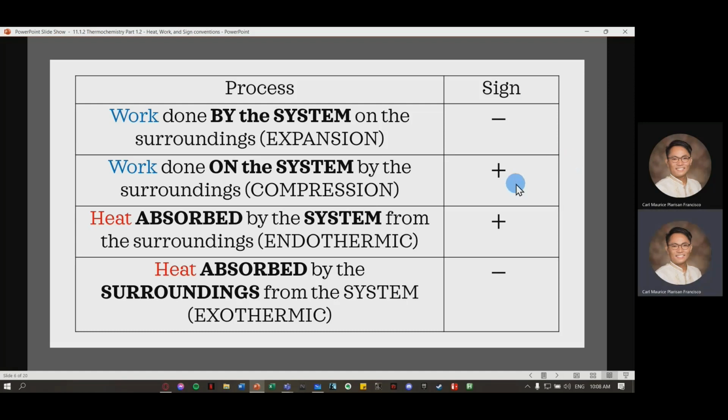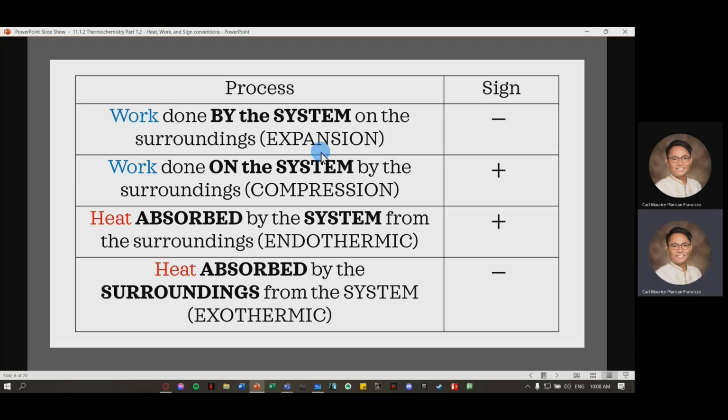Now, let us look at the following signs when work is done by the system on the surrounding. So when work is done by the system, take note of the keyword by the system, the numerical sign for work would be negative. The sign for work would be negative as well if the process is expansion.